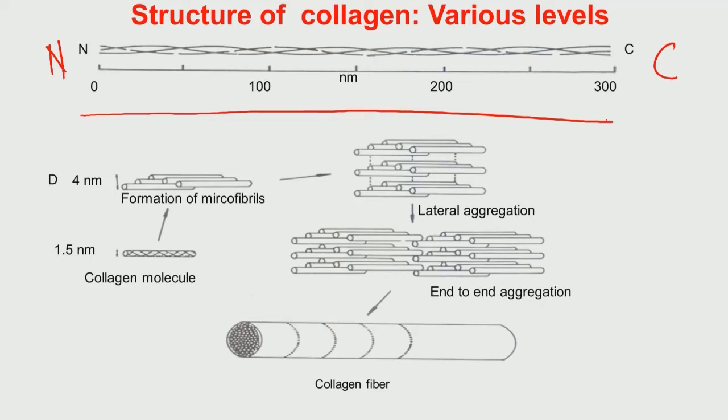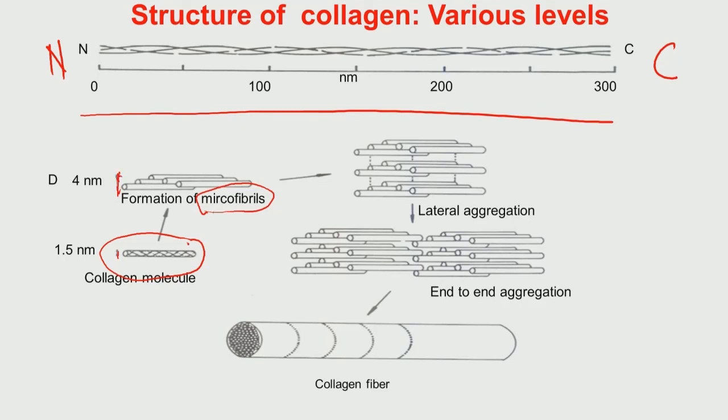That initial collagen molecule, which is a triple helix structure, has a width of 1.5 nanometer. When several collagen molecules come together, they form what is called in cell biology a microfibril. This microfibril has a diameter of around 4 nanometer.